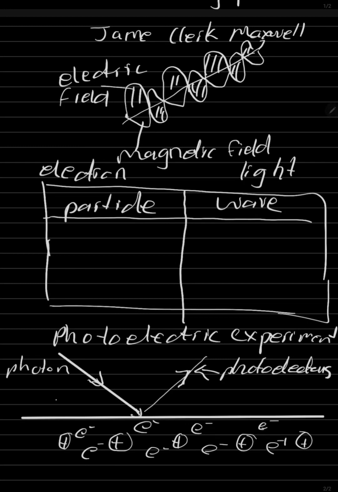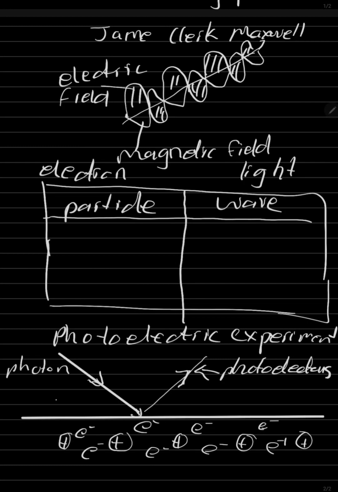So what's happening? We are saying that light is a wave. For now, we don't know that light is a particle, because according to Einstein and James Clerk Maxwell, light propagates in electric and magnetic fields, like an electromagnetic wave.